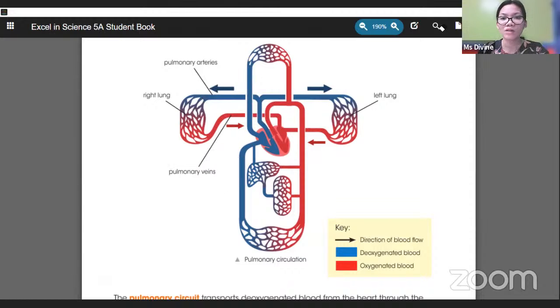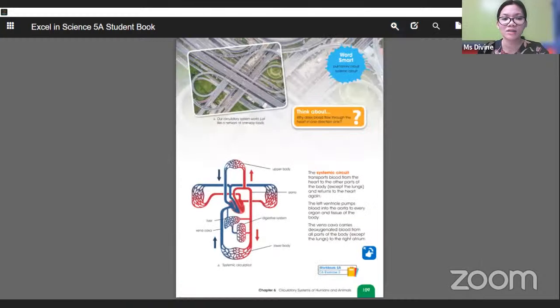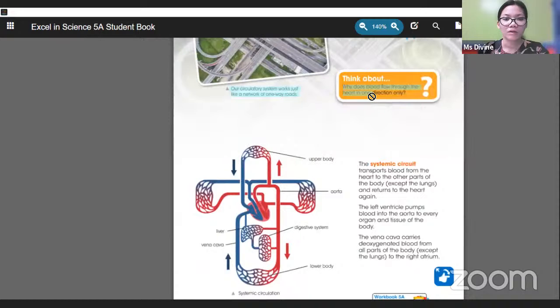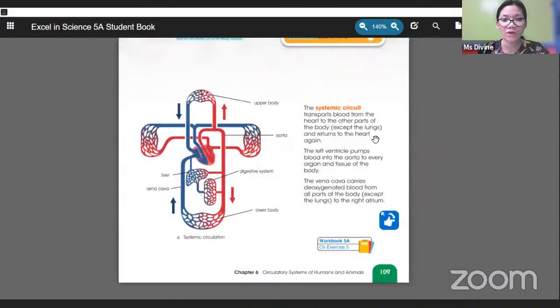Okay, now let's talk about the systemic circuit. These are the other organs in our body that are also connected to the heart. We have the upper body, where we have the brain.